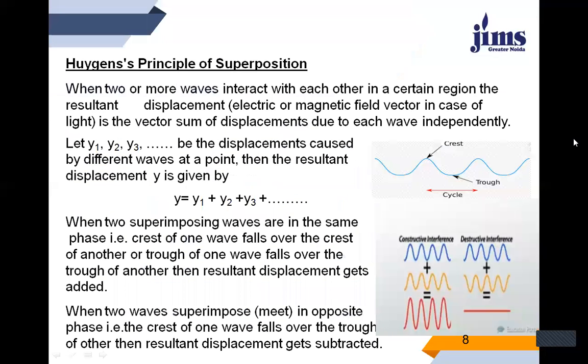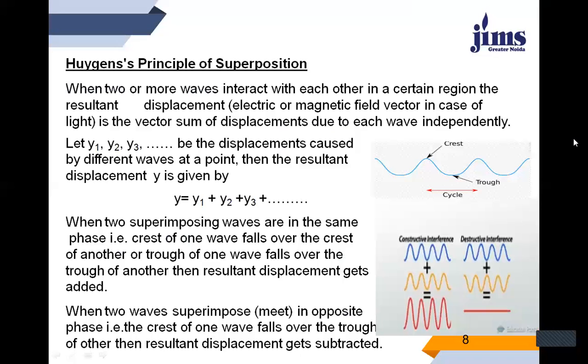Mathematically, how can you explain the Huygens principle of superposition? When two or more waves interact with each other in a certain region, the resultant displacement, that is the electric or magnetic field vector in the case of light, is the vector sum of displacements due to each wave independently.